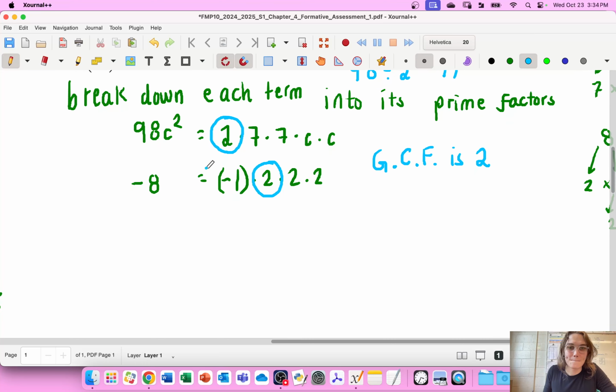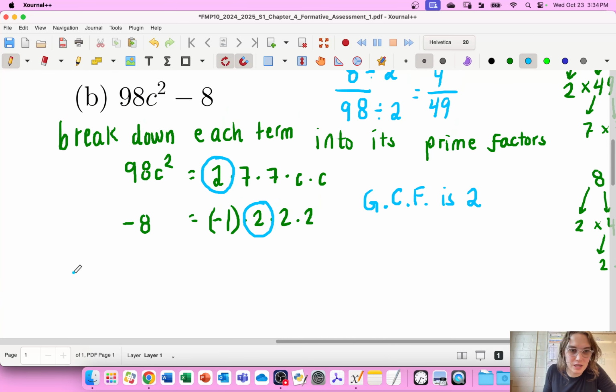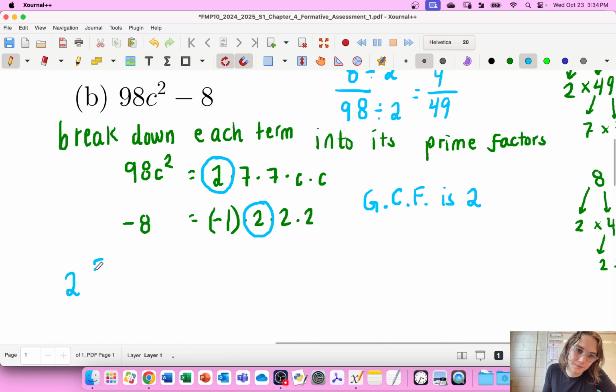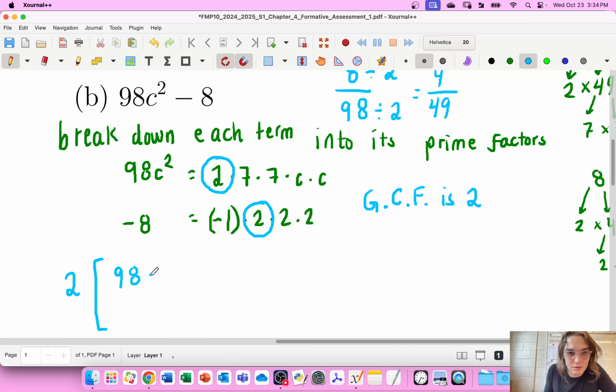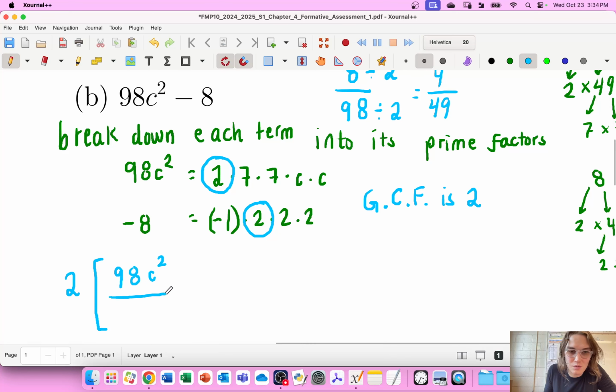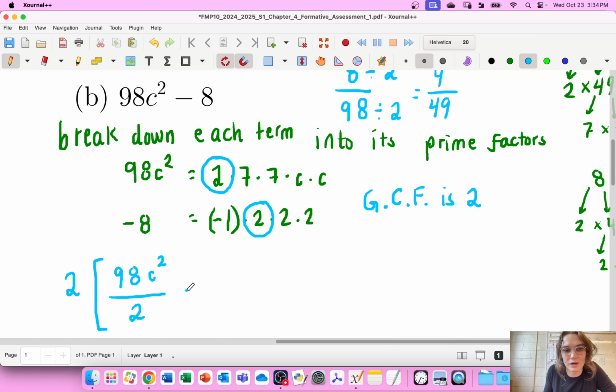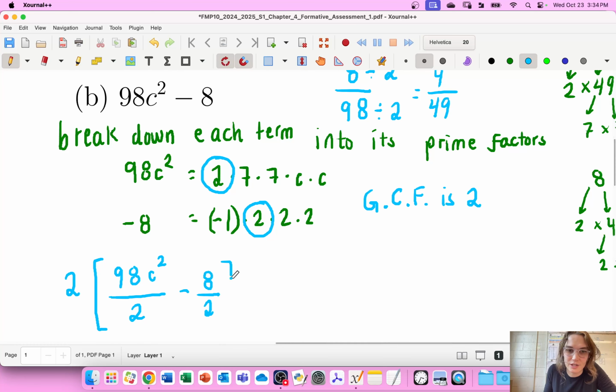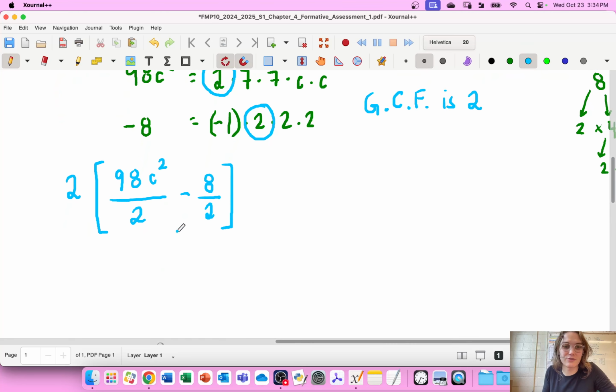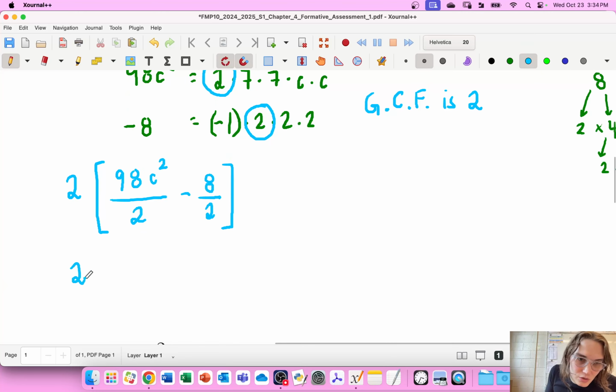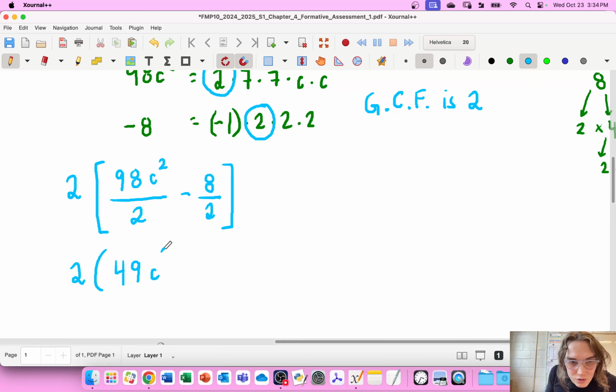Basically, I'm going to take the 2 out front, and I'm going to see what should be left over when I have divided each term by that GCF. So that's going to be 2 times 49c squared minus 4.